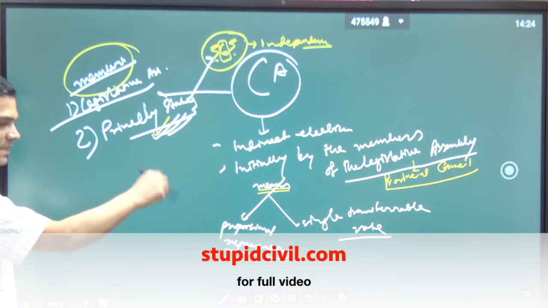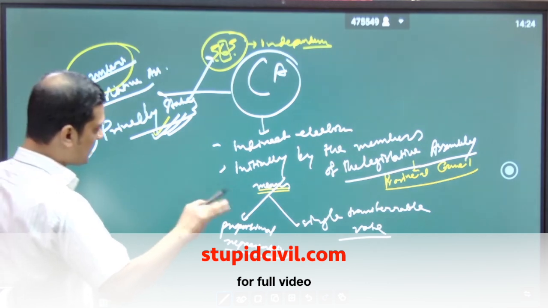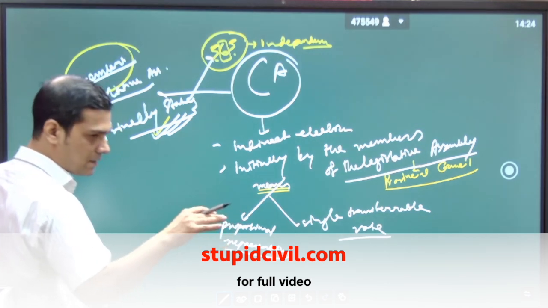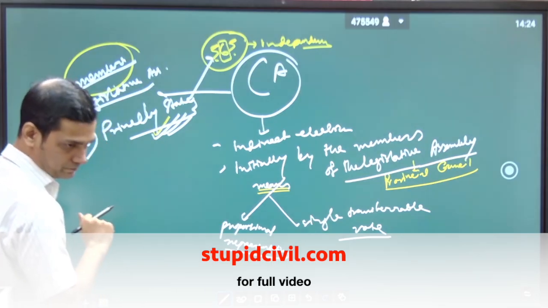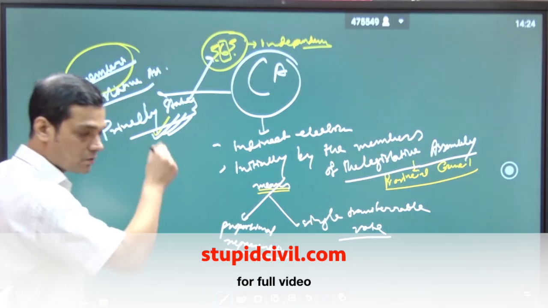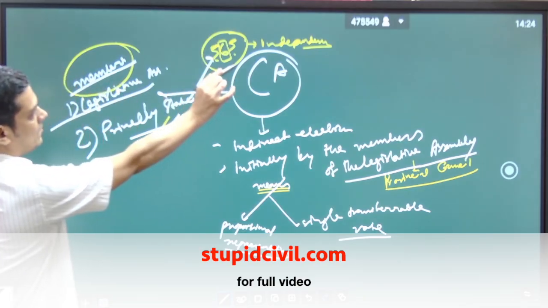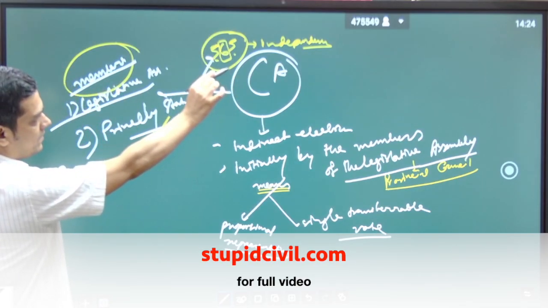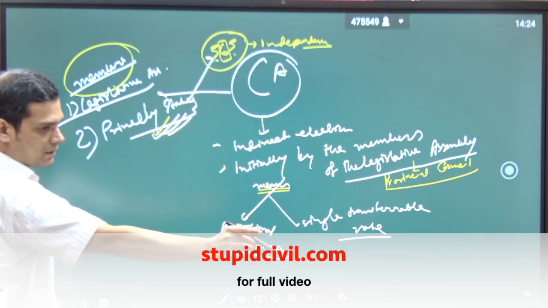Because 2-3 statements remain, with some jargon, with some words or language, they are going to try to fool you. But you just stick to this: princely states were there. And at the time of independence, 565 princely states were there.